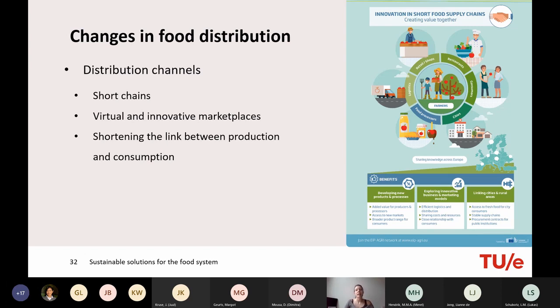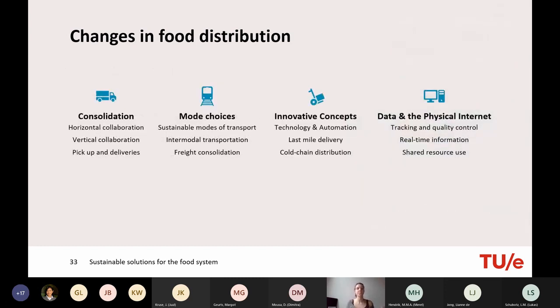And we can create different types of marketplaces and so on that make things more accessible to people, and maybe also avoid waste because products can be allocated to other things in a more dynamic nature. The goal of this is often to shorten the link between production and consumption and basically bring things closer together. This is also related to just having fresher products and keeping the nutrition within the product for longer.